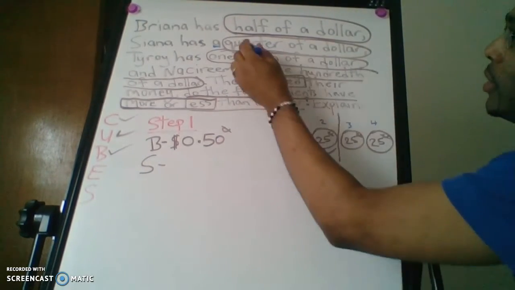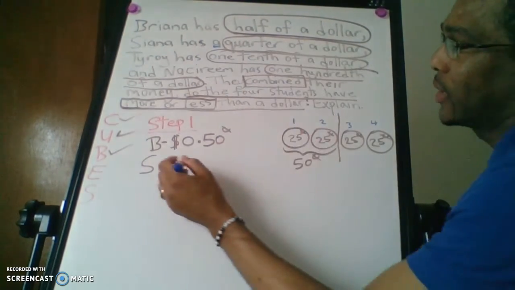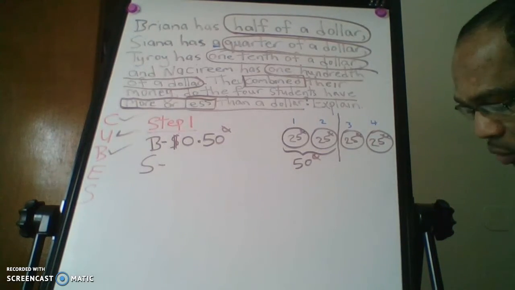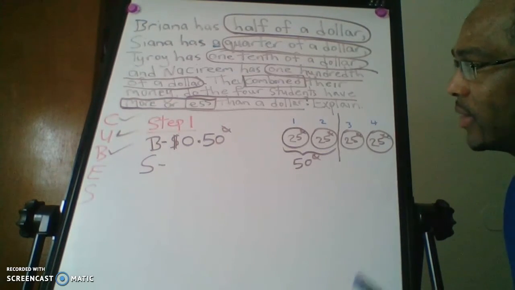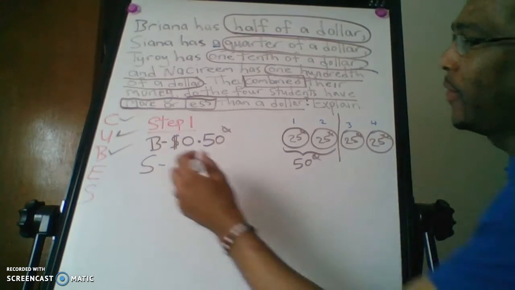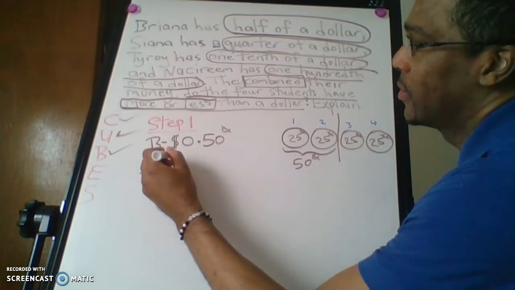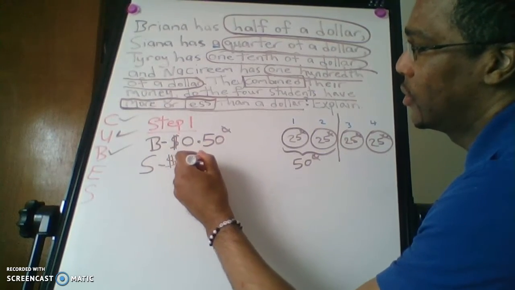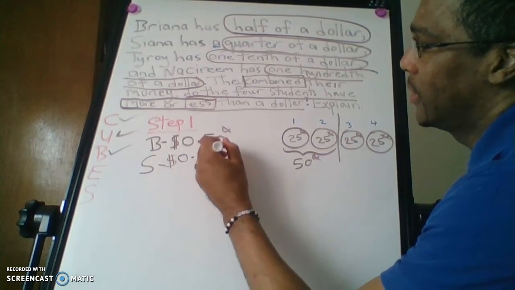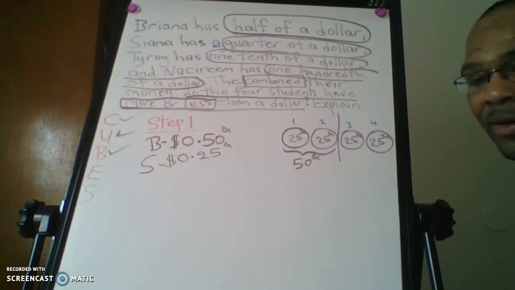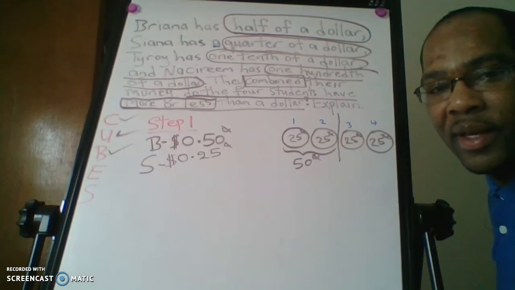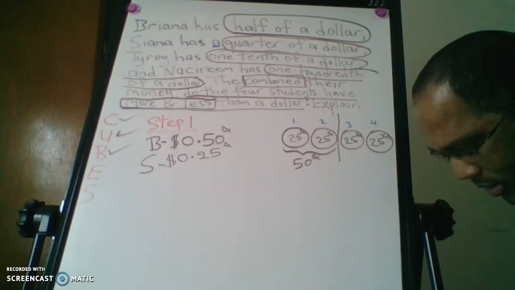So Sienna actually has 25 cents, 1 quarter, so I'm going to write $0.25.